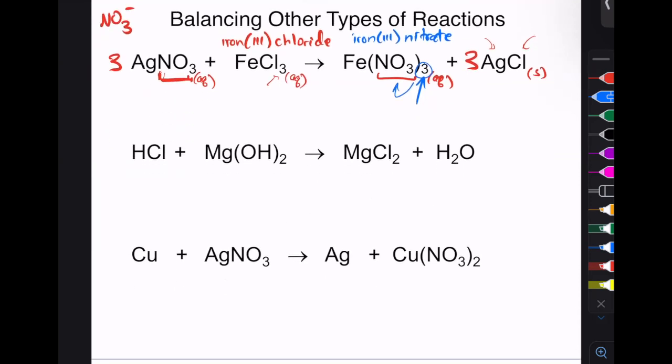Here's another one, hydrochloric acid with magnesium hydroxide. And here, once again, we've got the hydroxide, that's a polyatomic ion. There's 2 hydroxide ions. The hydroxide ion is just OH minus. There's 2 hydroxide ions for every magnesium cation, because the magnesium cation is magnesium 2+.